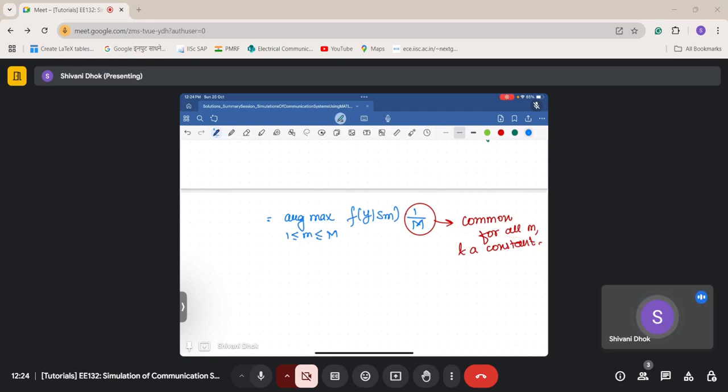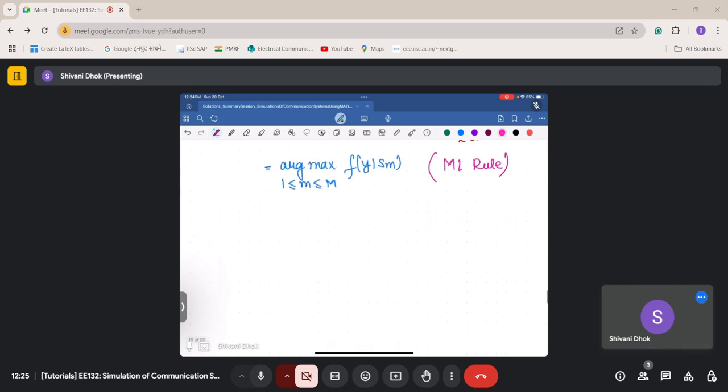Then we have argmax of f of y given Sm. So this is basically your maximum likelihood, ML. This is your likelihood function. Whatever value of Sm will give your maximum likelihood is the thing that you will obtain.